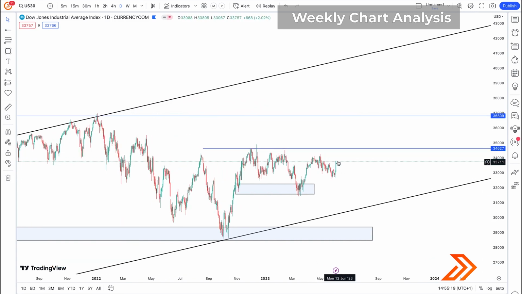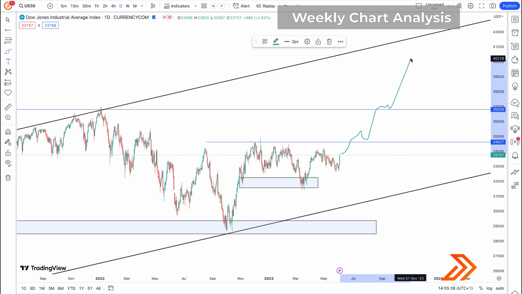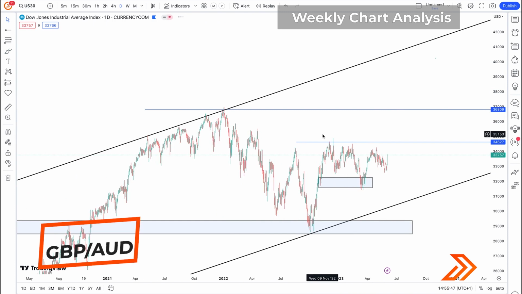For this upcoming week, I should be expecting to see some sort of movement like this: price breaks out of this resistance zone, comes back down to retest this zone again, goes back up, breaks out of this zone, comes back down again to retest it, and then we should be expecting some further bullish ride here on the US30 market. That is what I'll be expecting this coming week, guys.